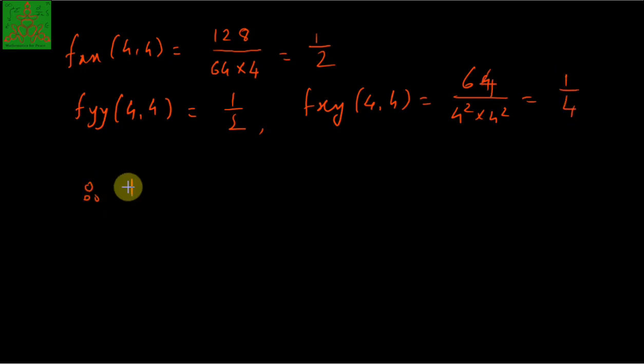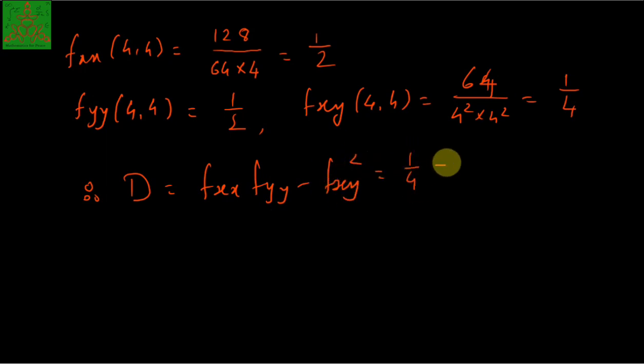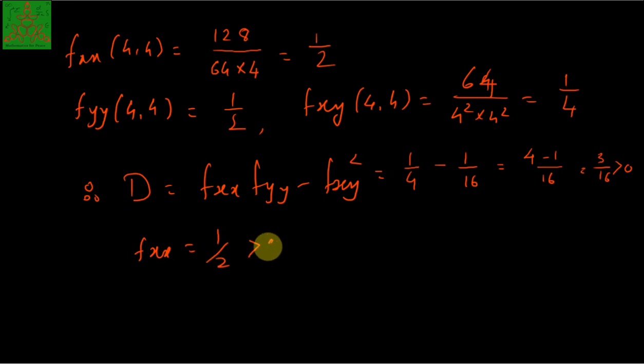So the value of fxx into fyy minus fxy square gives 1 by 4 minus 1 by 16, which is 3 by 16, which is positive. And your fxx is 1 by 2, which is also positive. Therefore we can say that the function has a minimum at the point 4, 4.